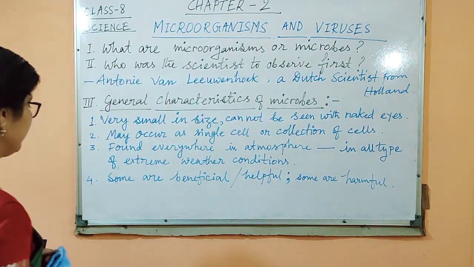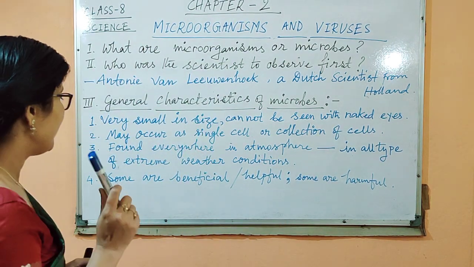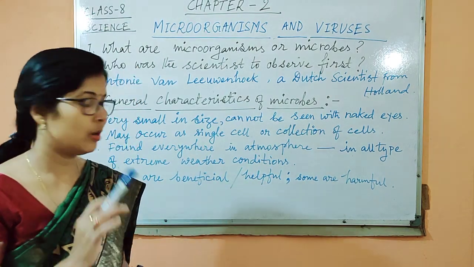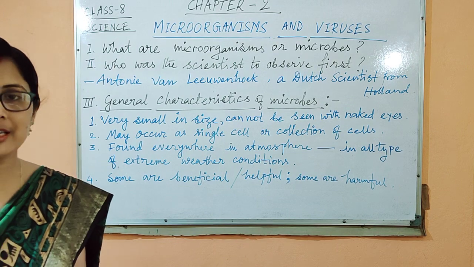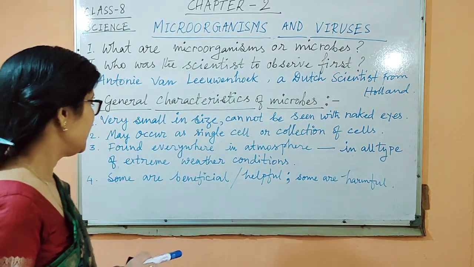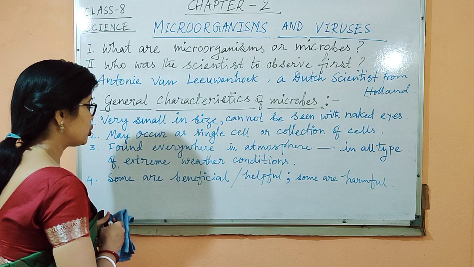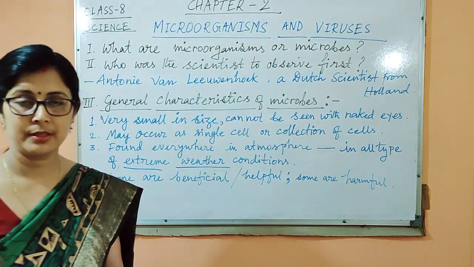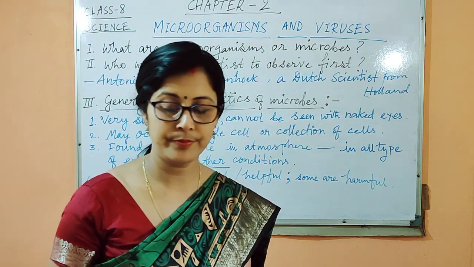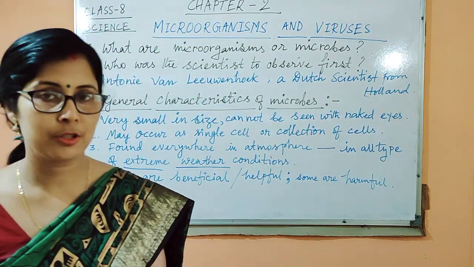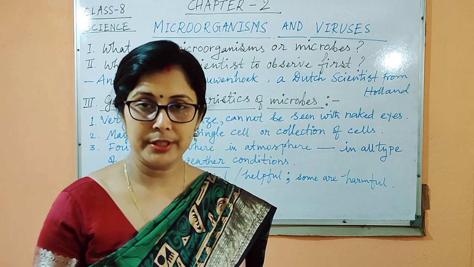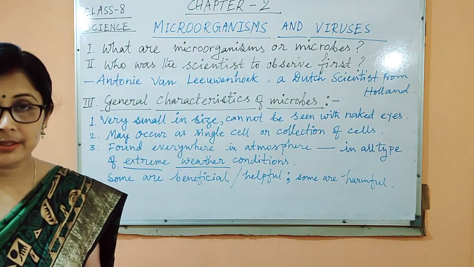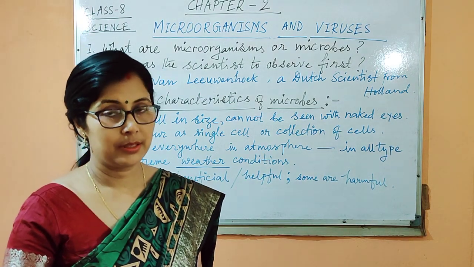Third point, a very interesting point: microorganisms may be found everywhere, in all types of extreme environmental conditions in the atmosphere. For example, starting from the glacier to the hot spring, in the mountains, in rivers, oceans, ocean bed, to the land surface.